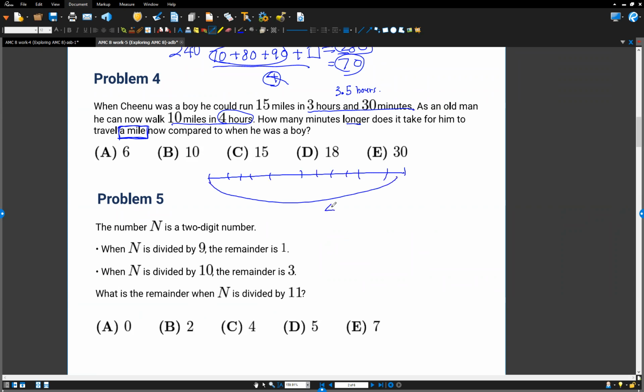All 10 together, 4 hours. It's B. I got B. You got B? Okay, we'll check it out. 10 miles per hour travel, 1 mile is how much? 4 divided by 10, 0.4 hours.